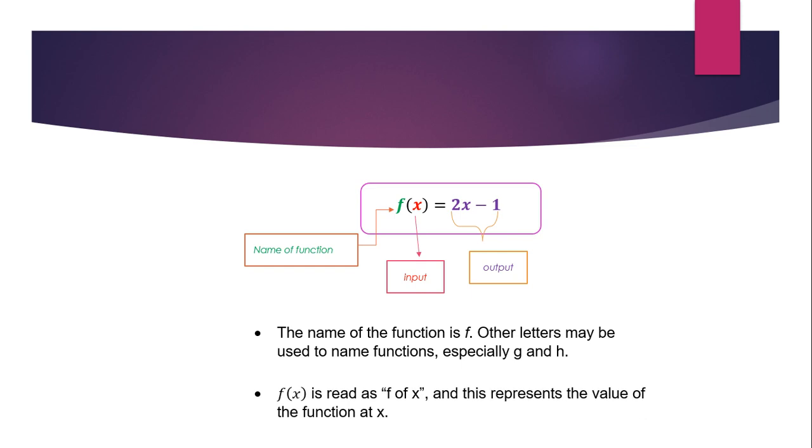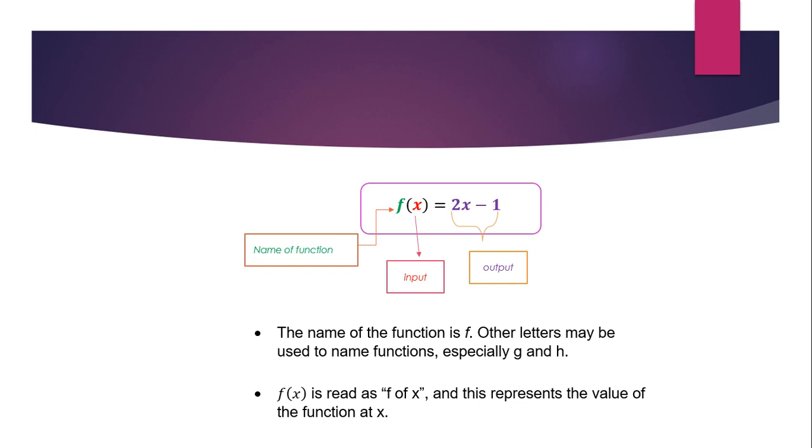So here, the quantity f of x is read as f of x. And this represents the value of the function at x. So function notation gives you more flexibility because you don't have to use y for every equation.